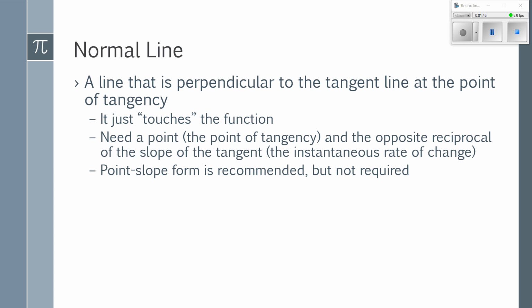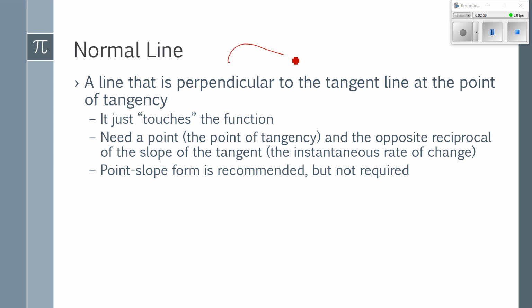Centripetal force is a normal force. Normal just means it's perpendicular. So a normal line is perpendicular to a tangent line at the point of tangency. Again, it just touches the function, but it's going through the function rather than being just glancing against it.